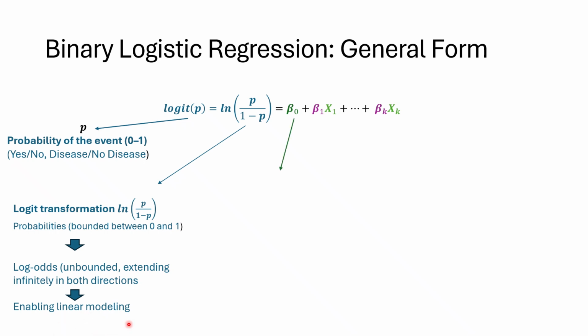The right hand side of the equation is very similar to the linear regression. Beta naught over here also represents the odds of event when all the predictors are 0. The only change here is that it is the log odds, not the odds itself.